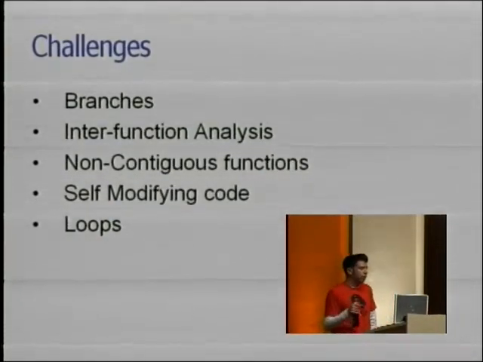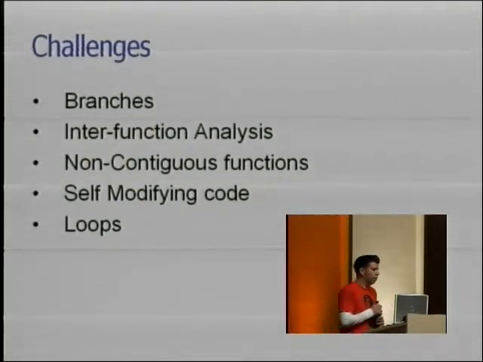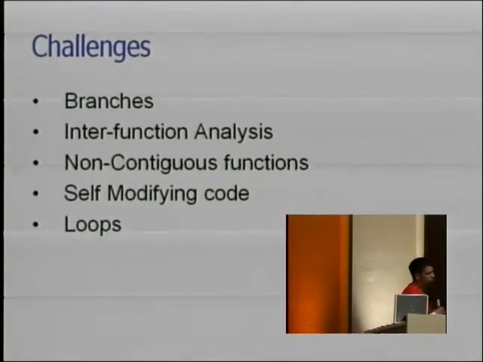Something else that's really important is inner function analysis. No longer is a single function going to be the vulnerability with everything there. The only time that happens is in sample programs that show you how buffer overflow works. Nowadays, you're going to have data coming in from a user somewhere else, and then it gets fed up a call chain, and then the vulnerable function is way somewhere else.